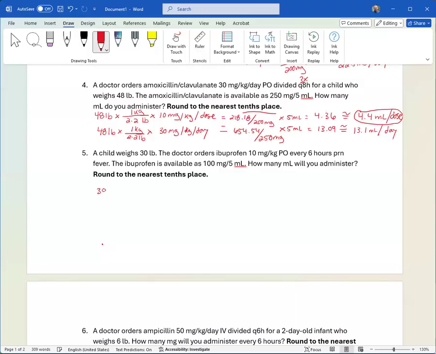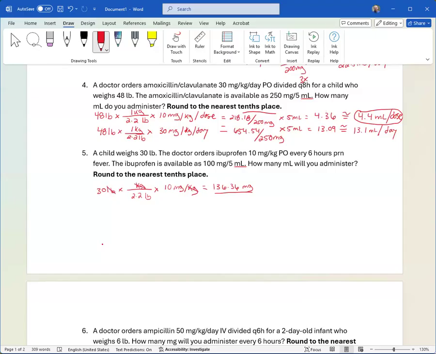So I'm going to take my 30 pounds, converting pounds to kilograms, and then multiplying by the 10 milligrams per kilogram. I'm going to get 136.36 repeating, and we're in milligrams, because all this cancels out.